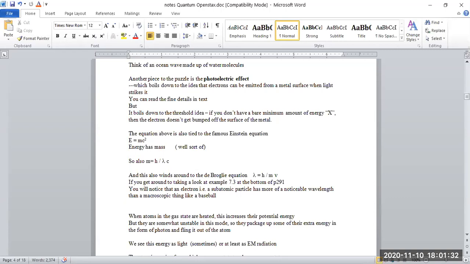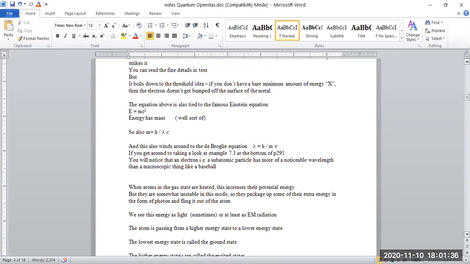You can also throw your frequency into this equation. You might want to go back later, have a look at the bottom of page 291. There's some information there that gives you some basic thoughts on how the de Broglie equation works on a more macroscopic scale.